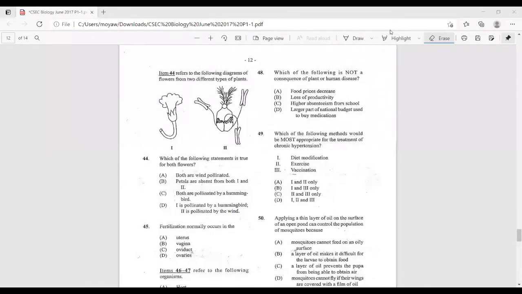Question 48. Which of the following is not a consequence of plant or human disease? So we have A, food prices decrease, B, loss of productivity, C, higher absenteeism from school, D, larger part of the national budget used to buy medication. With a question like this, elimination would have been the best option to use.